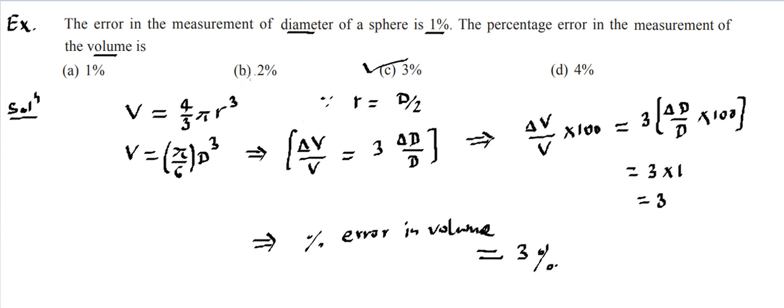Is it making sense? Whenever we need to find the percentage error and other percentage errors are given to us, we first look at the formula that relates the quantities which are being asked and which quantities are involved. Then we use the error concept. From here to here we have used the error concept. Whatever the power is, that power comes in front, and constant numbers do not play any role.